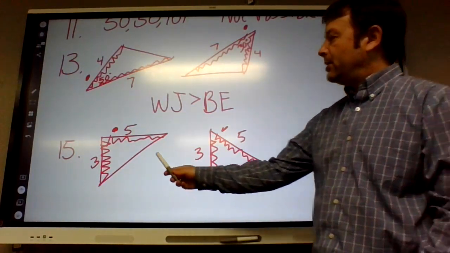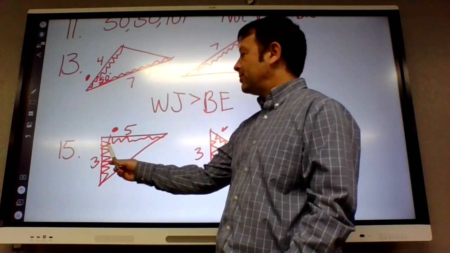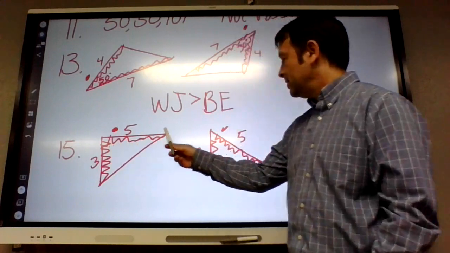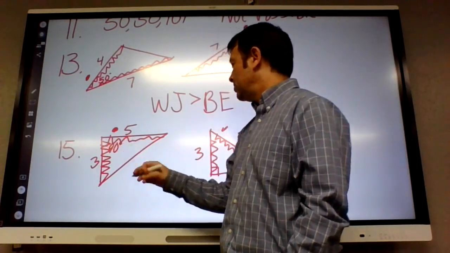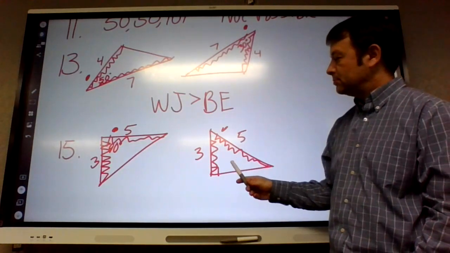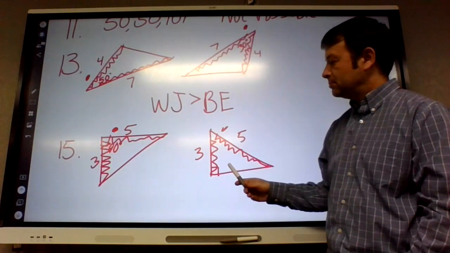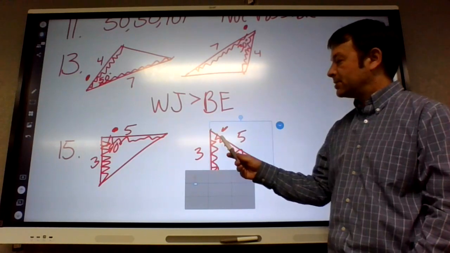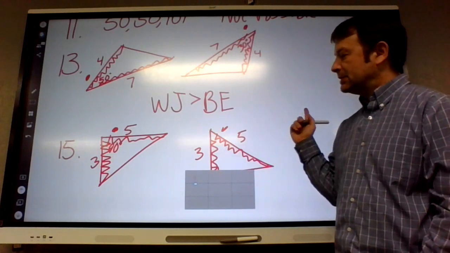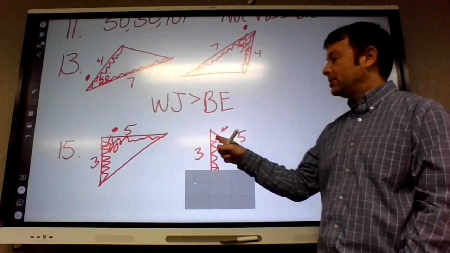Okay, well, how many degrees is this jaw open? 90. How many degrees is this jaw open? That's a good question. This is 90. What do I know about this? Not 45, but something less than 90.